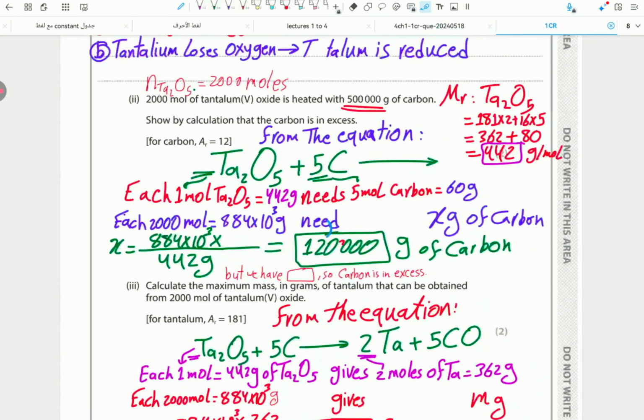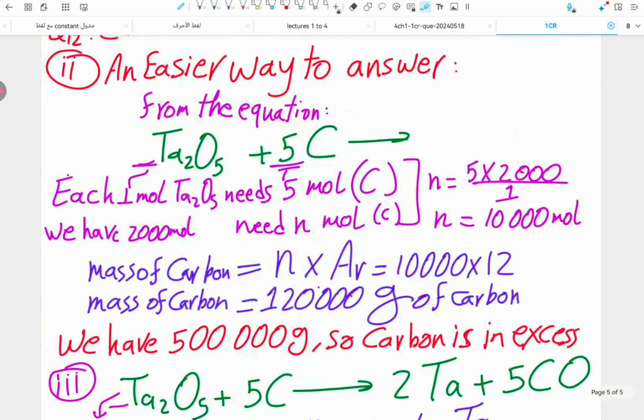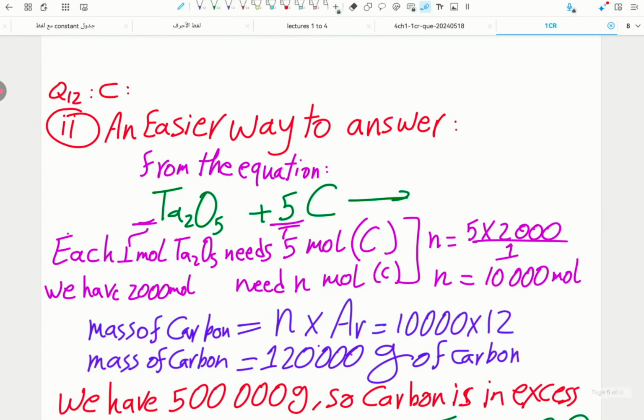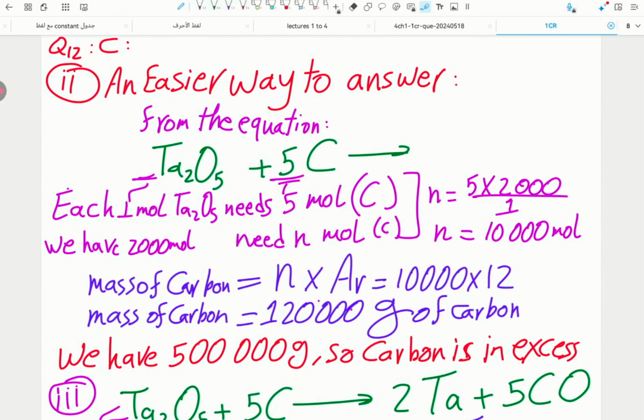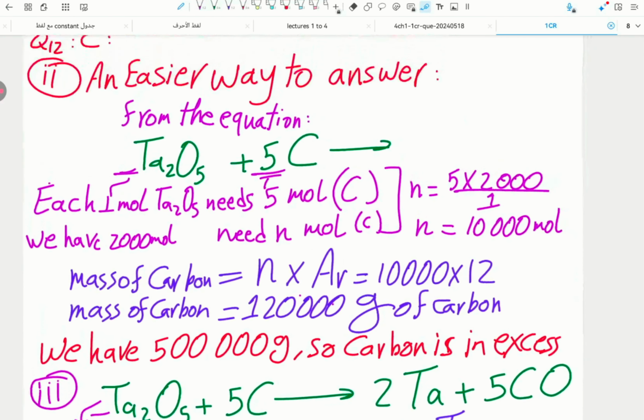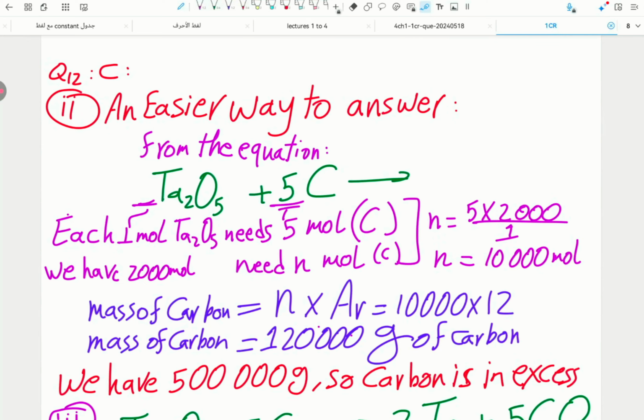The second way, my friends, here is written, which is, in my opinion, easier, but some students told me, teacher, it's difficult. The other way depends on calculating the number of moles we need of carbon to react. So we say each one mole of tantalum oxide needs 5 moles of carbon.